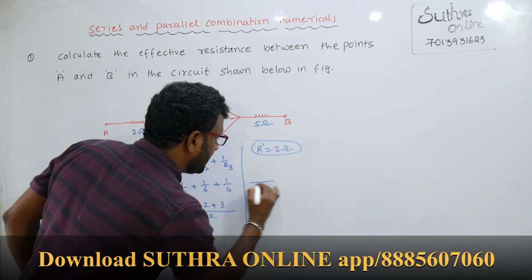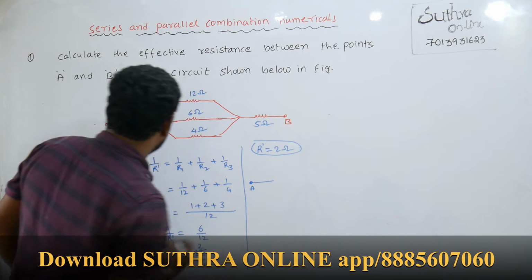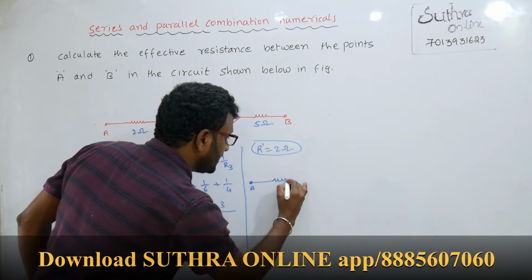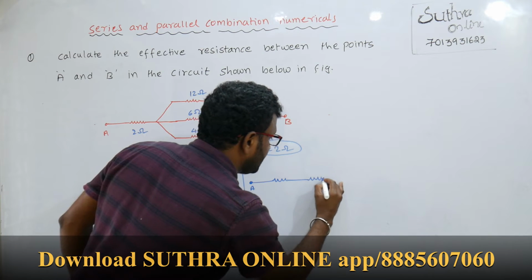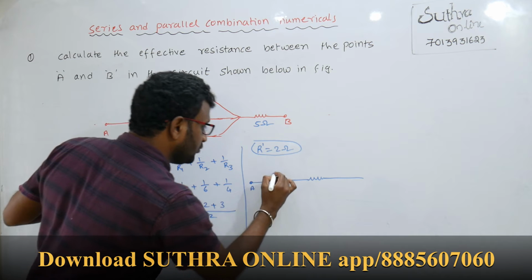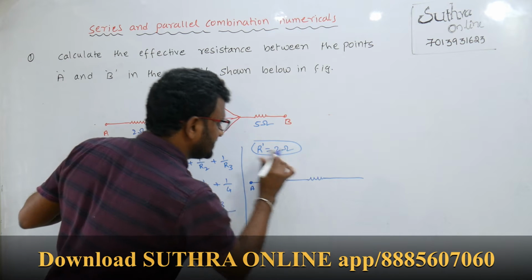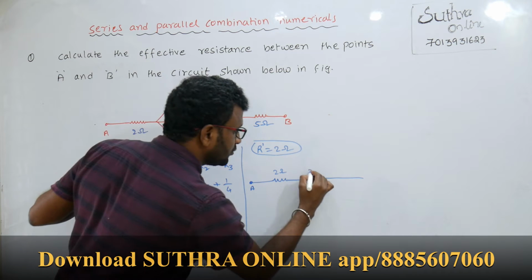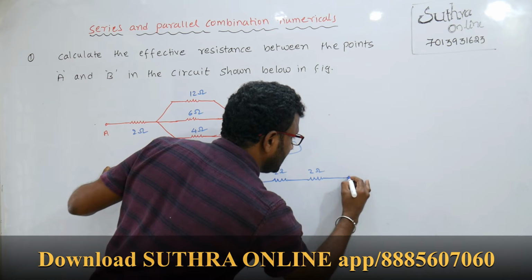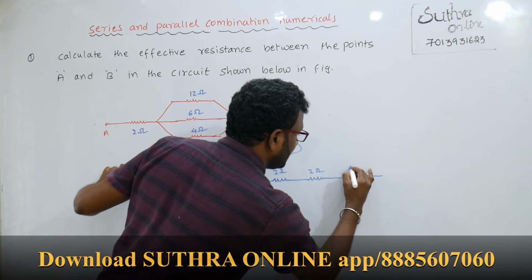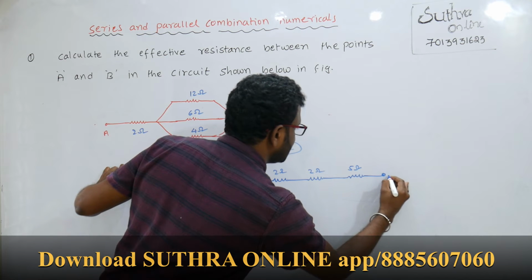This is A, then 2 ohms, the effective resistance of these three. Then this R dash is 2 ohms, and this other one is 5 ohms. Now this is B.